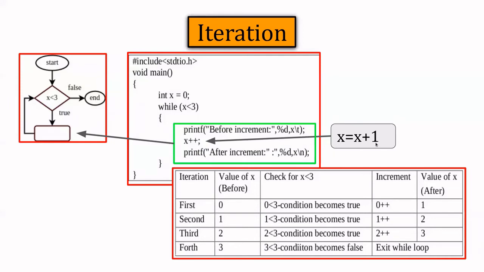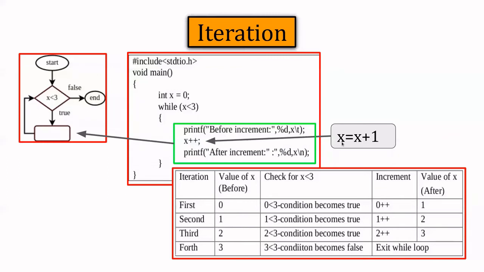Here this x equal x plus 1 takes the first x value 0 and adds 1: 0 plus 1 is 1. The variable gets 1 here.